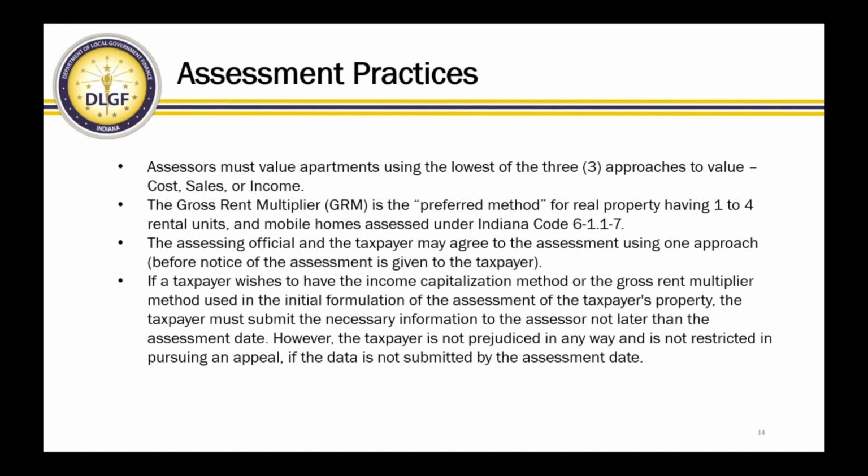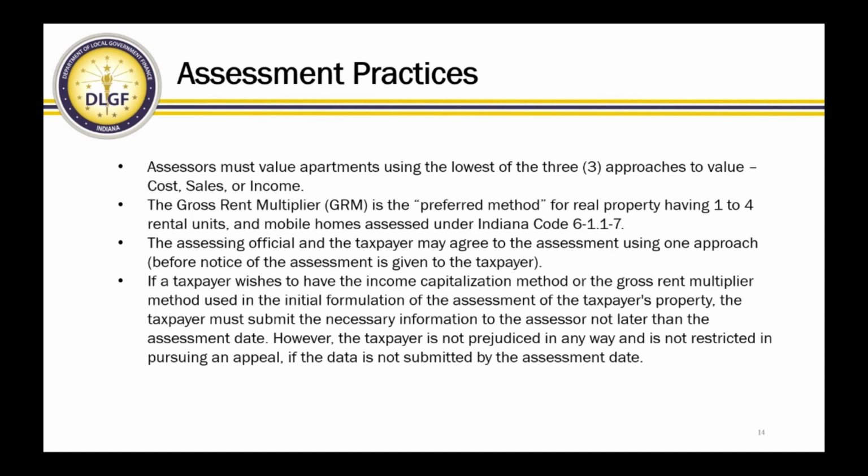Talked about that the taxpayer and the assessing official may agree to using only one approach, which is fine. However, they must do that before the notice of assessment is sent to the taxpayer by the assessor. If the taxpayer wishes to have the income capitalization method or the gross rent multiplier method used, the taxpayer must submit the income and expense information to the assessor not later than the assessment date.